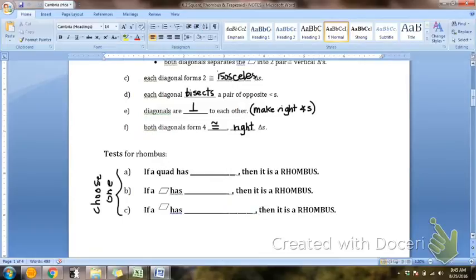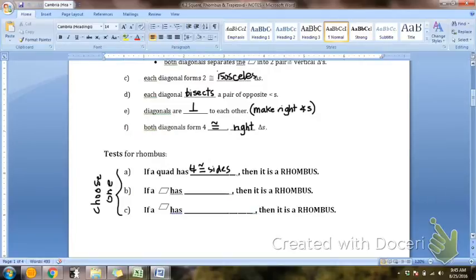So if a quadrilateral has 4 congruent sides, it is a rhombus. If you prove that all 4 sides are congruent, then it's a rhombus.